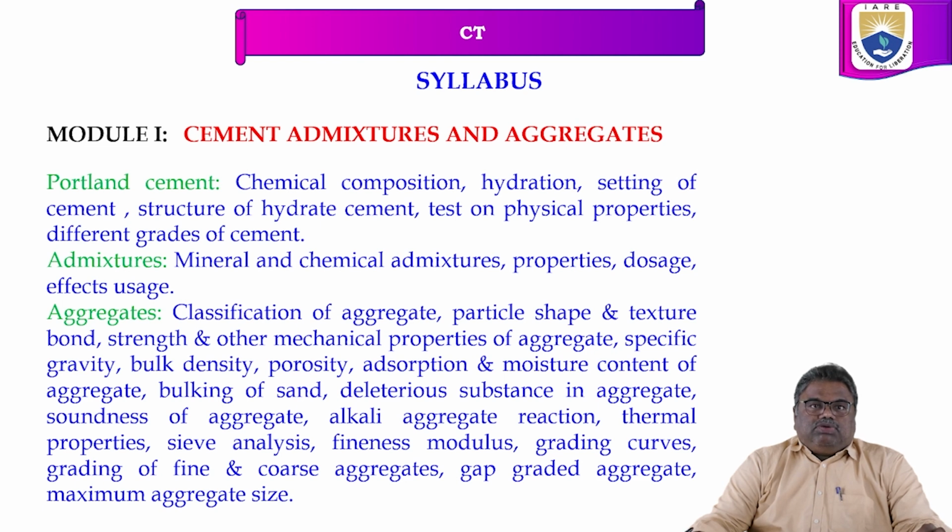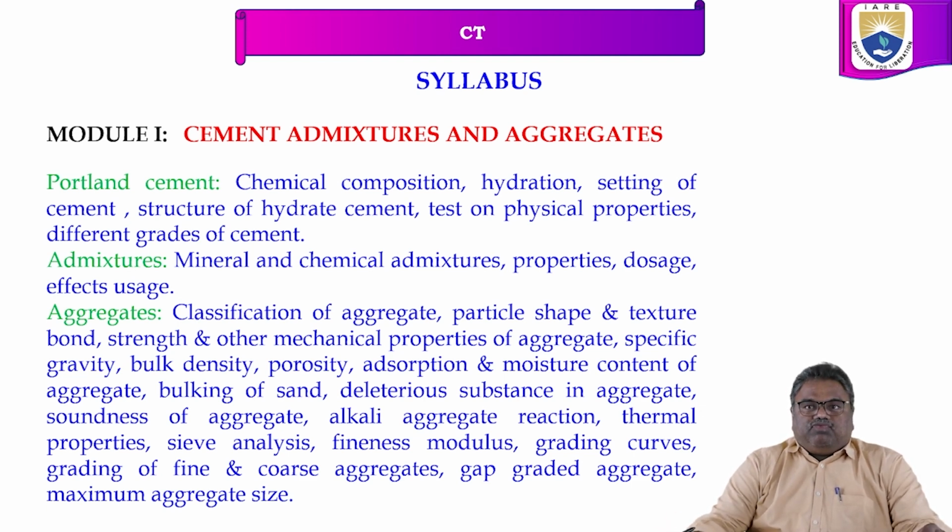Apart from this, we'll study about the aggregates. As I told you, aggregates are of two types: fine aggregate and coarse aggregate. These two aggregates we will use in concrete, right? In this we'll have the classification of the aggregate: fine aggregate classification and coarse aggregate classification, and the particle shape.